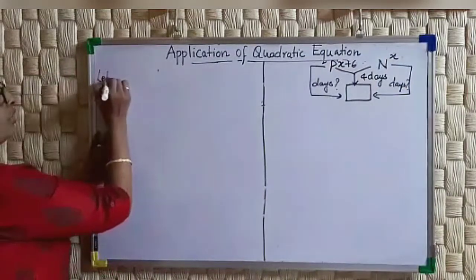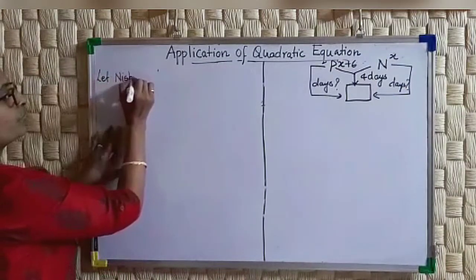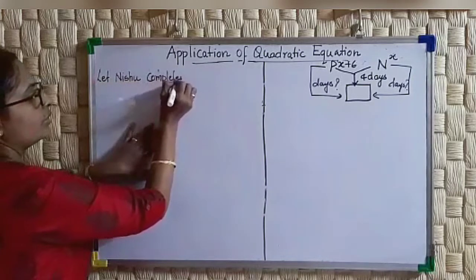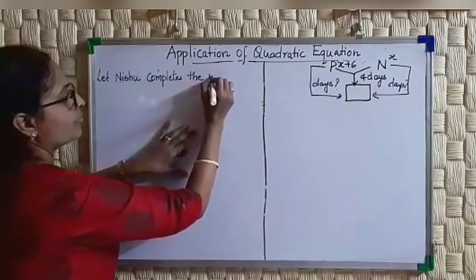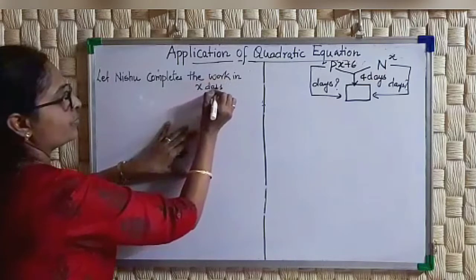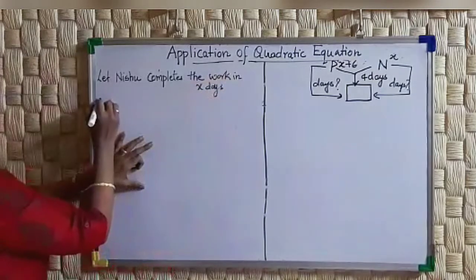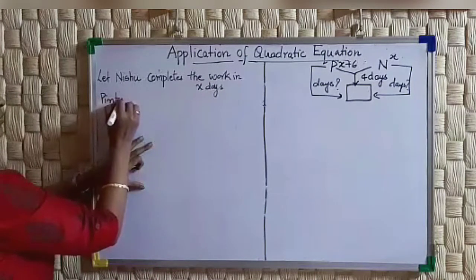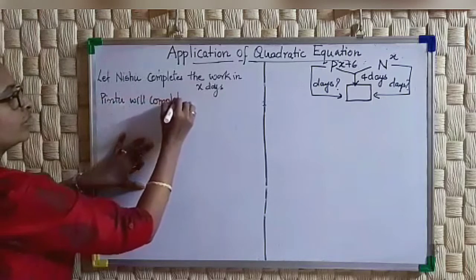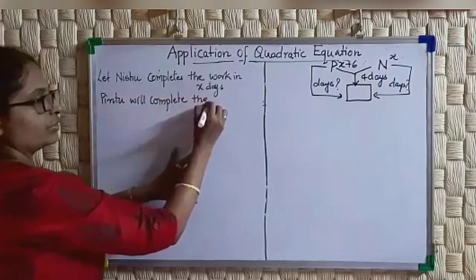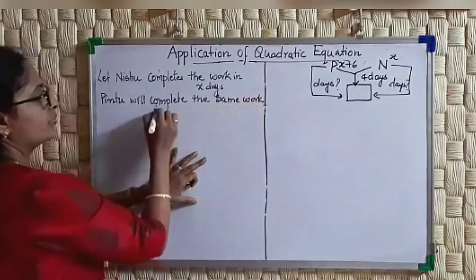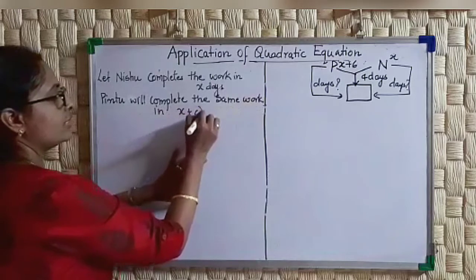Okay, so let's start the solution here. Let Nishu complete the work in X days. So, Pintu will complete the same work in X plus 6 days.